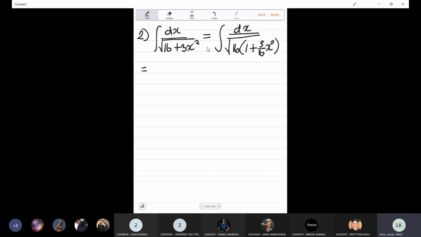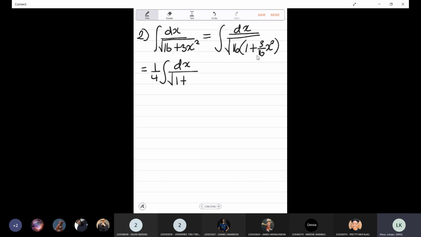So I have 1 over 4 the integral of dx over the square root of 1 plus, okay, and then this 3 over 16, we want to include it with the square, because with our functions, it is always 1 plus something squared, so it must be a whole term that is being squared.